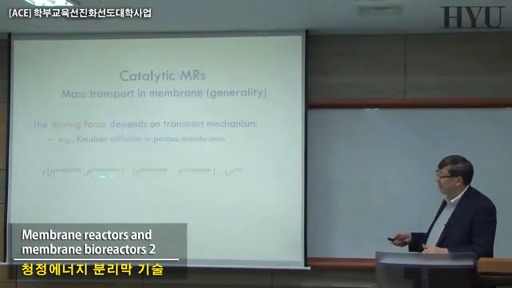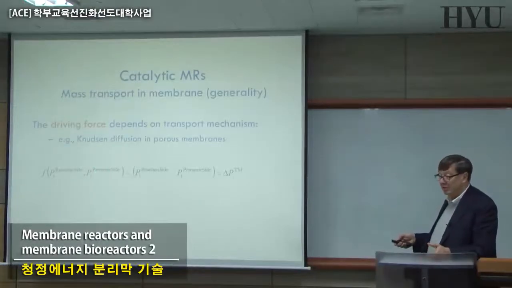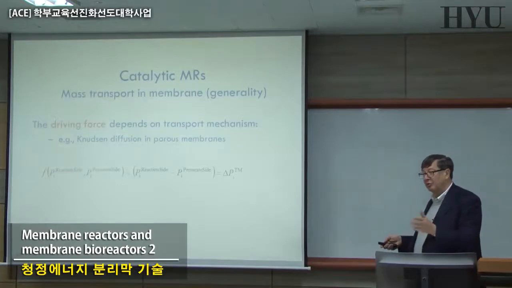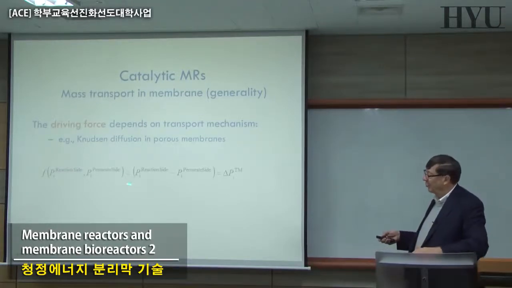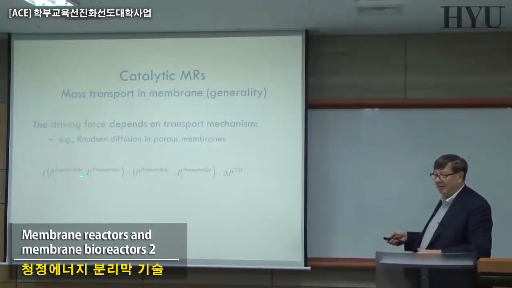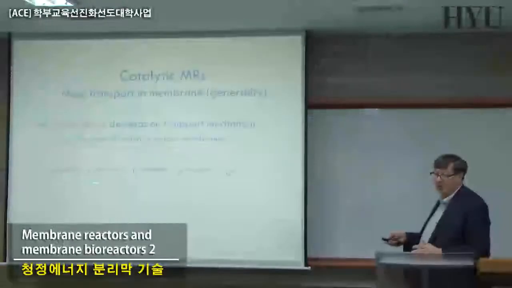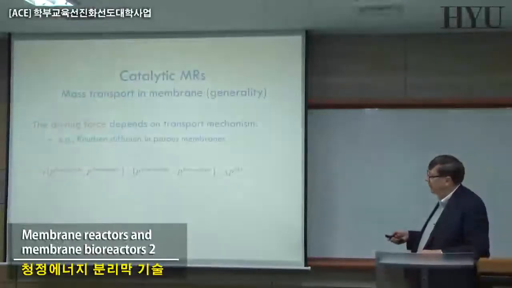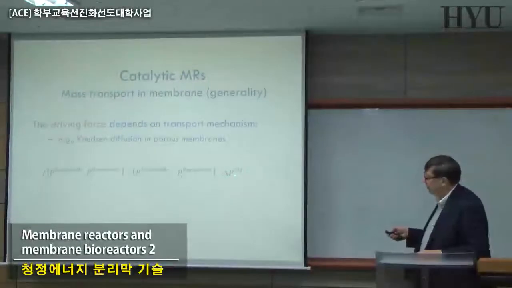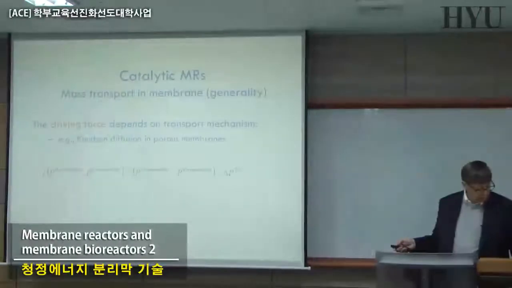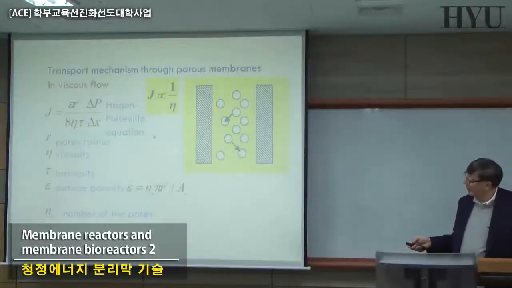That can be the same relationship, in general delta T, delta C, or something different. Normally, most of the operations we've been discussing until now are mainly pressure-driven membrane operations, and that's why we are always using delta P as the driving force, but it can also be something different. And this delta P is a proportion, that is the term that we are going to use for each one of our parameters.